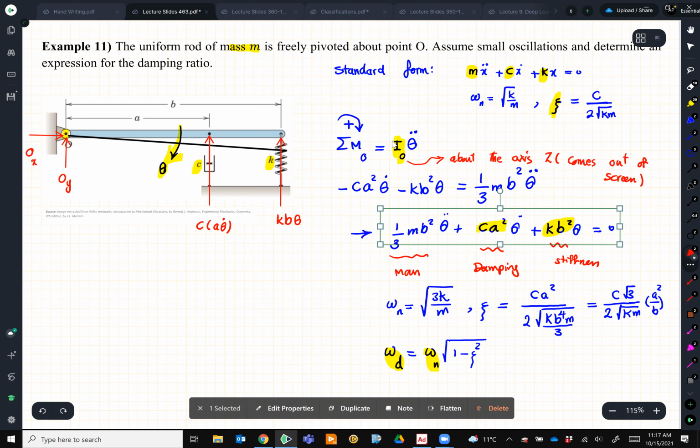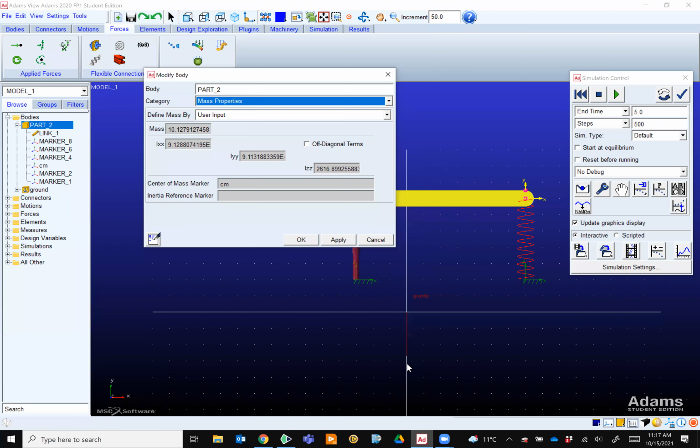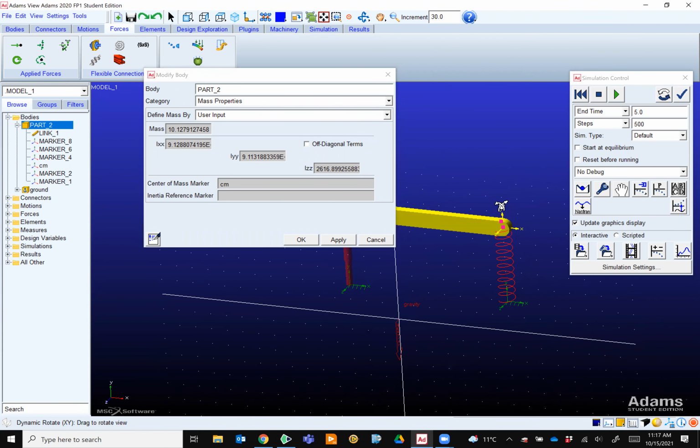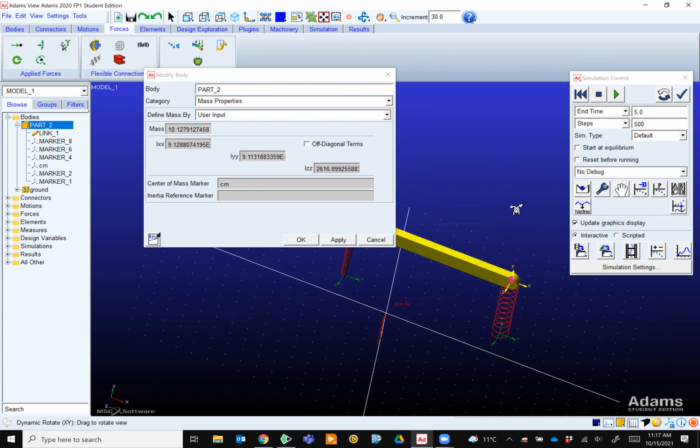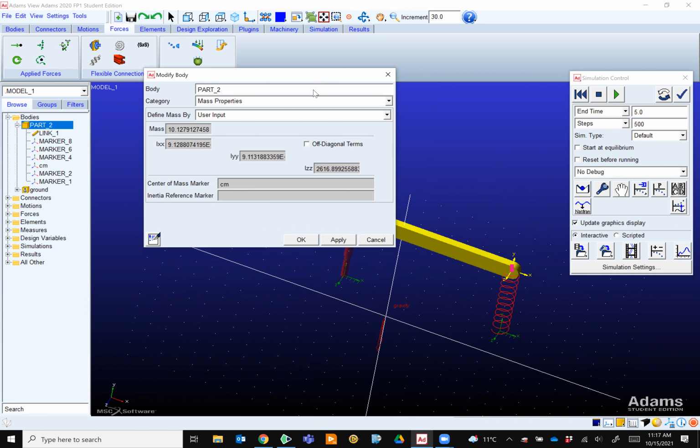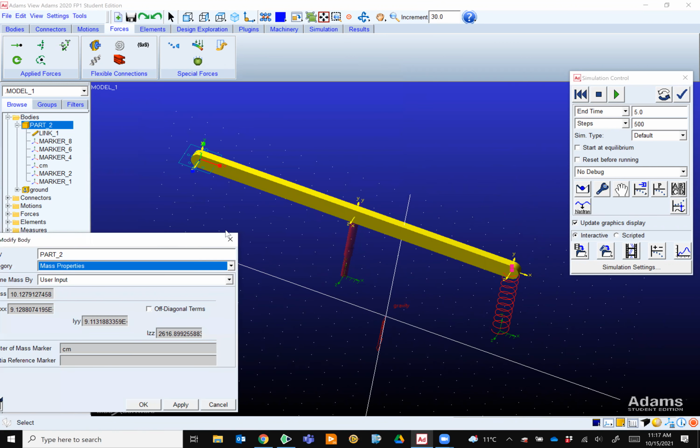But since we are dealing with 3D problems, obviously we are going to have other moments of inertia as well. This is a 3D problem.